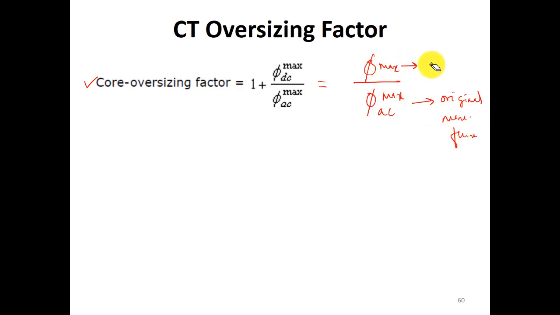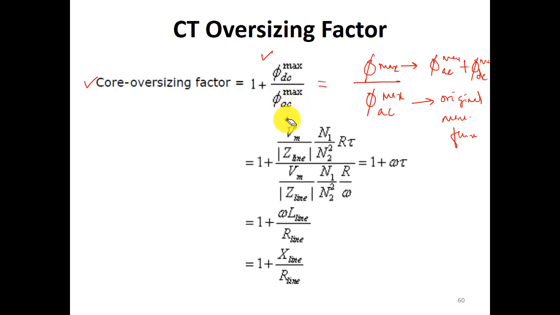And this is in fact the sum total of phi AC max plus phi DC max. So phi DC max is because of the DC offset current. Now substituting this, we'll get 1 plus phi DC max by phi AC max.